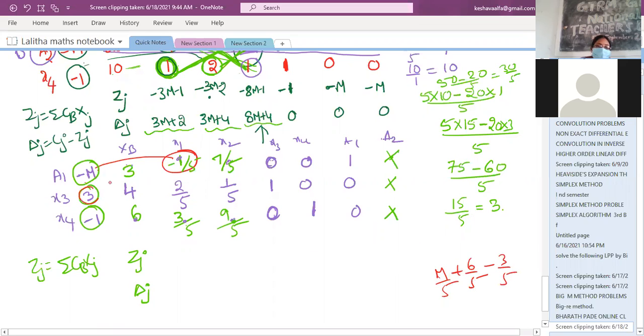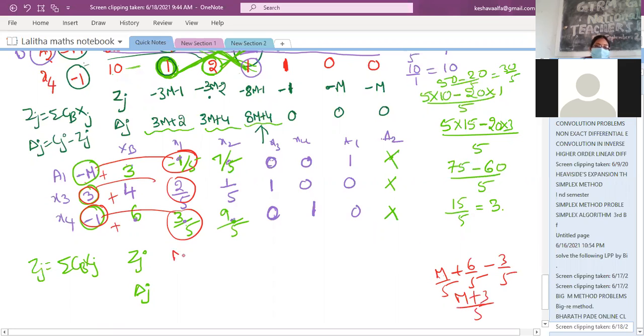So 3 into 2 by 5, 6 by 5, minus 1 into 3 by 5. Add these three numbers: C1 X1 plus C2 X2 plus C3 X3. So we get M by 5 plus 6 by 5 minus 3 by 5, so M plus 3 by 5.